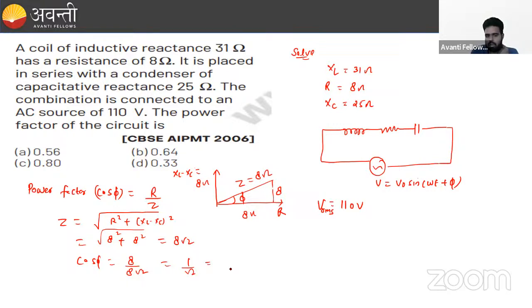This can be written as root 2 by 2, which is 1.414 by 2. If we divide this value, we get the answer. Putting in the root 2 and solving this, it will become 0.7.